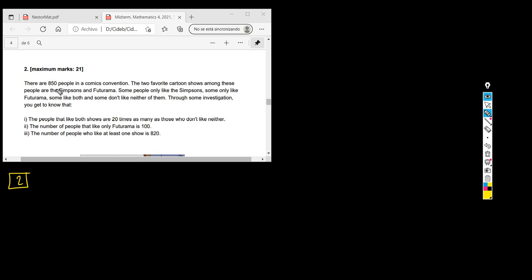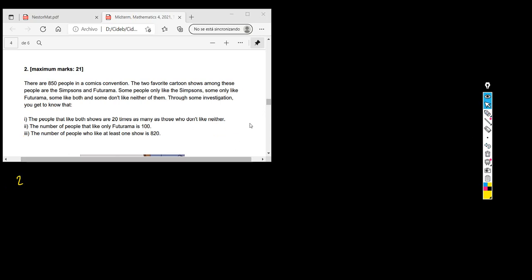Some people like The Simpsons, some only like Futurama, some like both, and some don't like neither of them. And we have this information. After some investigation, you realize all of these things, okay? And that's the whole context of the problem.